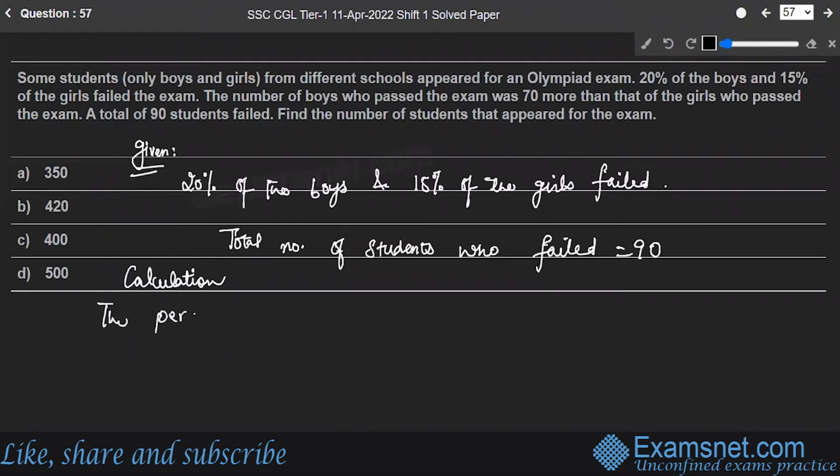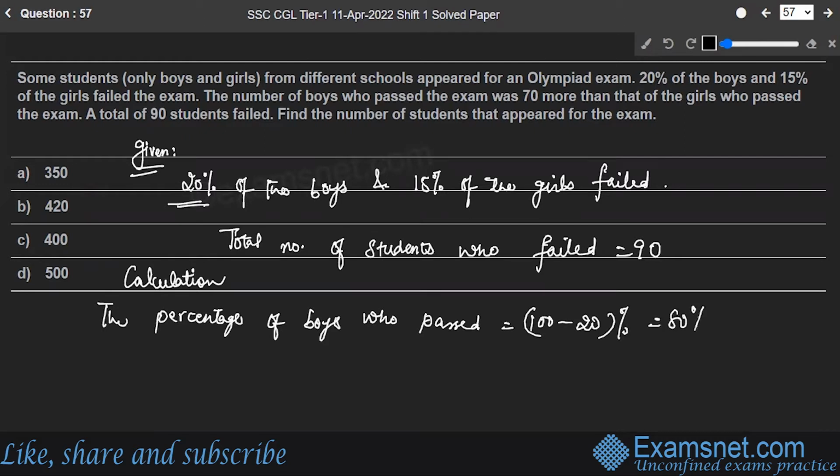It says the percentage of boys who failed was 20, right? And the percentage of boys who passed will be what? It will be 100 minus 20%, that is equal to 80%. Similarly, the percentage of girls who passed was 100 minus 15%, that is equal to 85%, right?